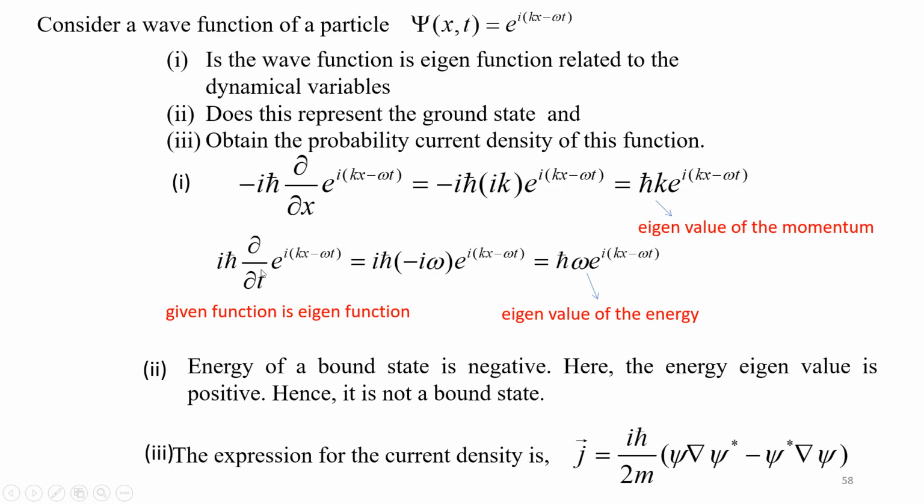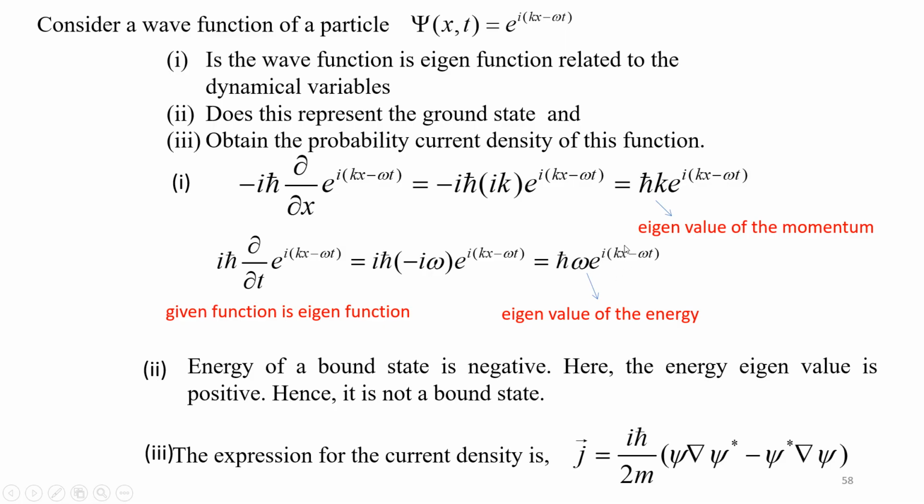For energy, we have iħ ∂/∂t of e^(i(kx − ωt)). So when you differentiate with respect to t, that will give us minus iω. So iħ multiplied by minus iω e^(i(kx − ωt)) will give us ħω e^(i(kx − ωt)). Now, the energy operator E operating on ψ will give us the eigenvalue ħω times the function.